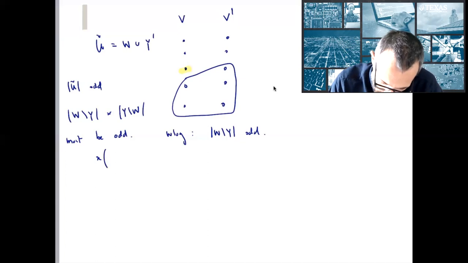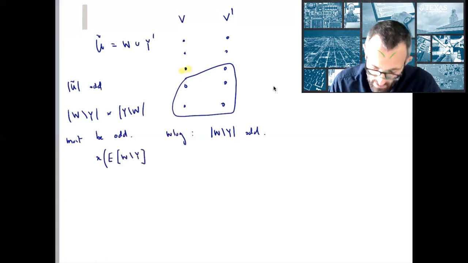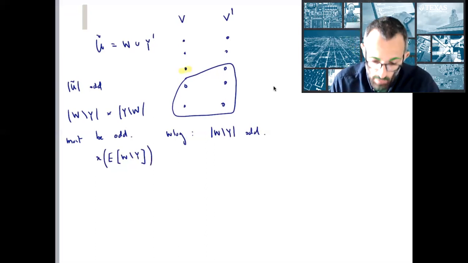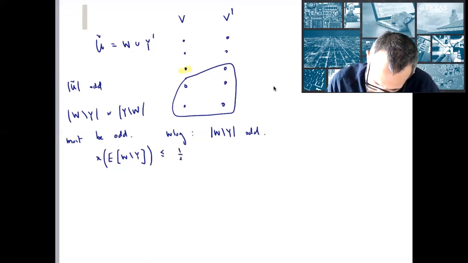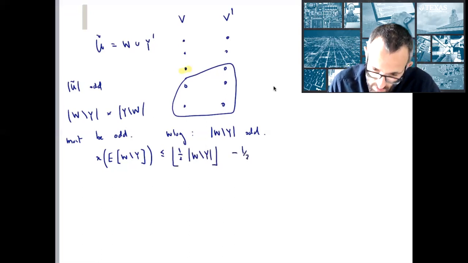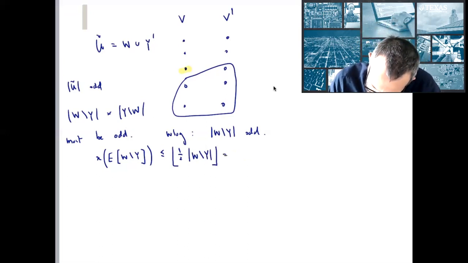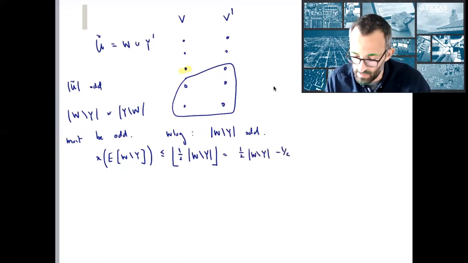and because x was in QM, I know that I have to have, in QM, I know that x of all of the edges, again, this is not a particularly exciting example in this particular situation, because the way I've chosen it, w minus y is just one single node, but in any case, we know that in general, it must satisfy this inequality: the floor of w minus y over 2, which is equal to 1/2 of w minus y minus 1/2, again, because it is odd.